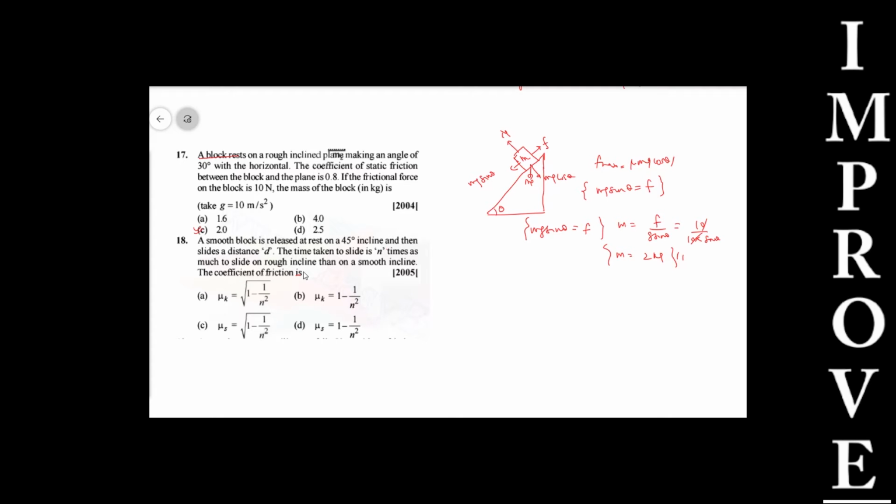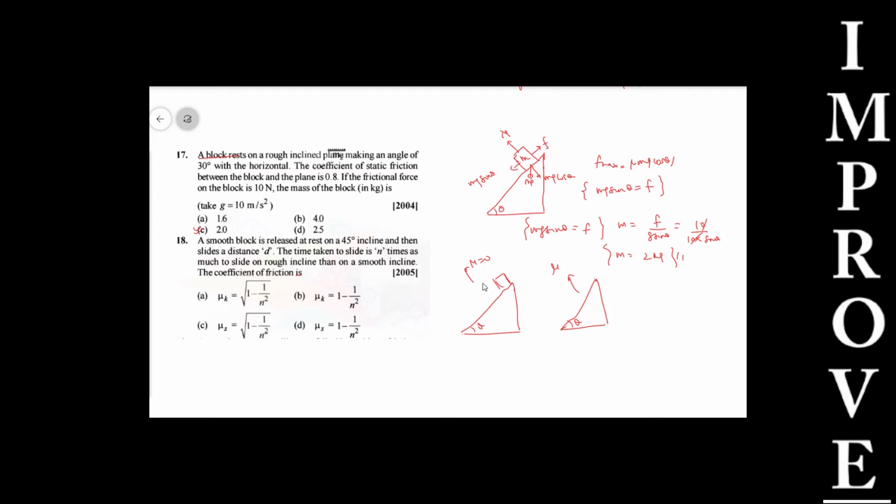Okay, so it's given that if this is smooth and this is friction, so assuming both angles are theta, so this theta has to be the same in both cases. The time taken in this case, suppose this is u equal to 0, and in this case some mu is given. So the time taken to go from here to here in this case is n times the time taken to go from here to here.